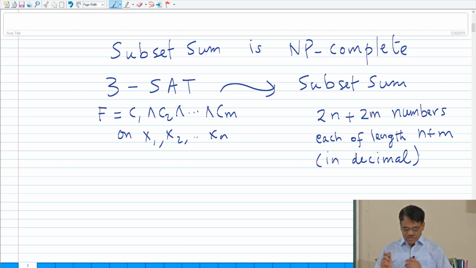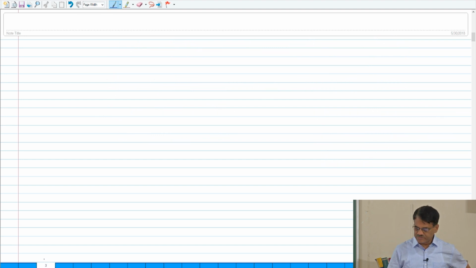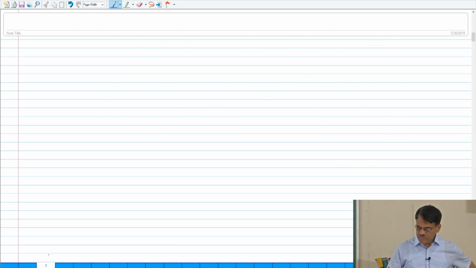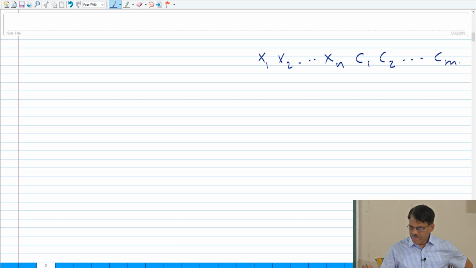Okay. So, how are these numbers looking like? I will tell you how the numbers look like. The numbers are of length n plus m. So, I will have a position for each variable and each clause.